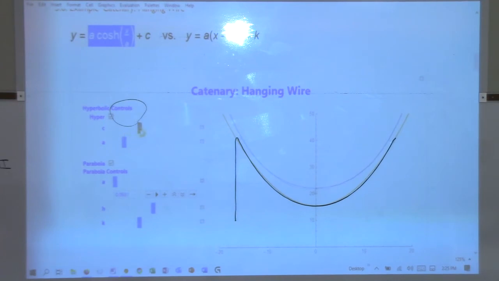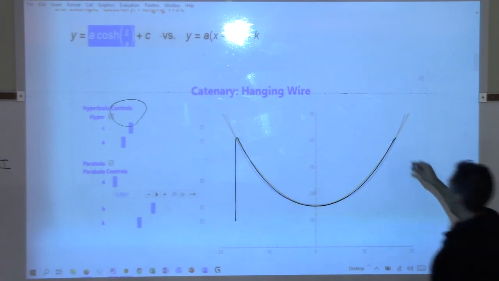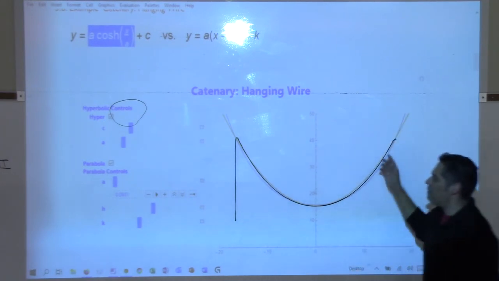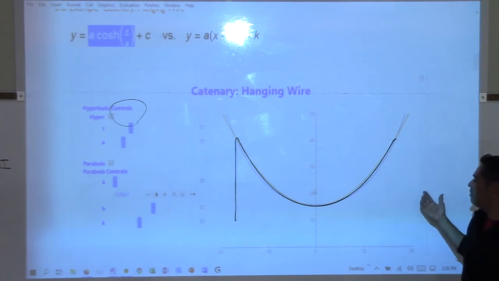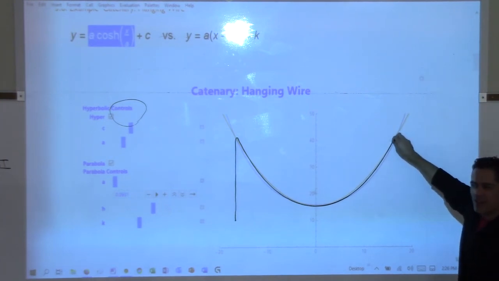Whoa, it moved there. Oops. It's hard to do. Boy, the parabola looks better, doesn't it? I have to have these two kind of in the same spot. This looks like a complete counterexample, right? This looks like I proved myself wrong. You have to kind of take it on faith here.